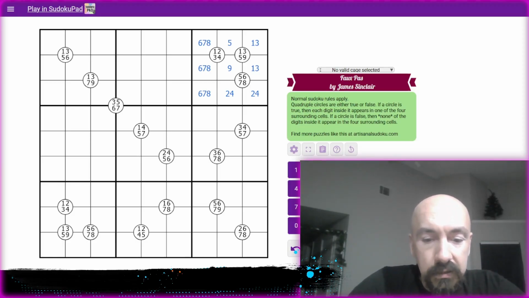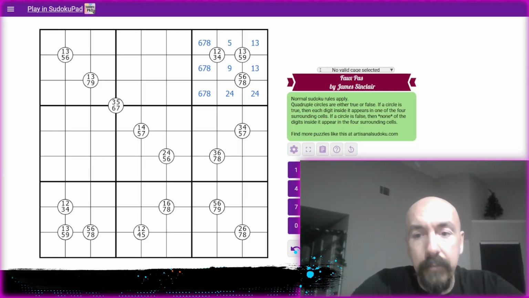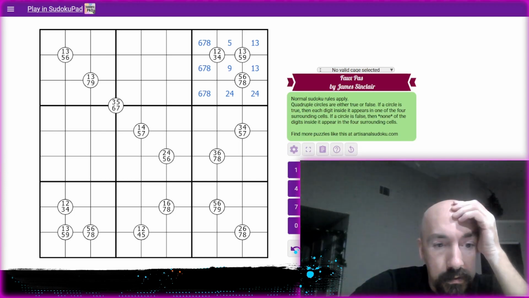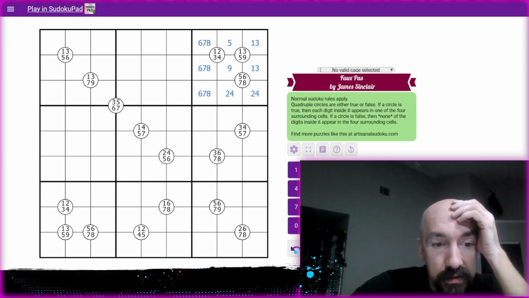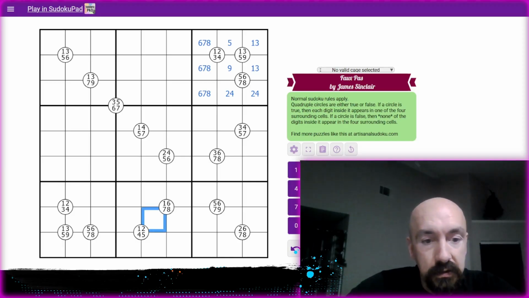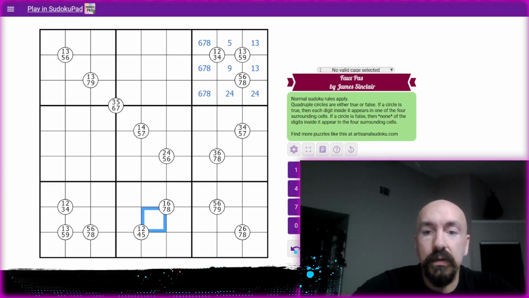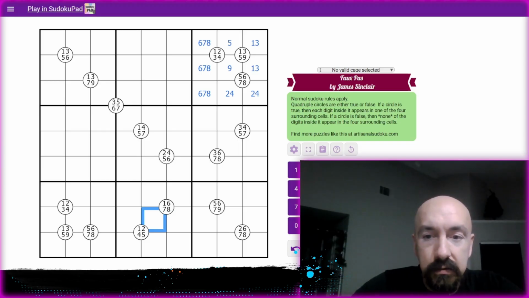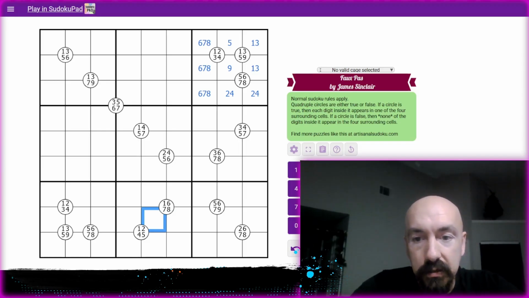Box 9, both cannot be true. Okay. Box 8, they can both be true because this could be a 1 and then everything else is covered. Okay. Box 8, both can be true.